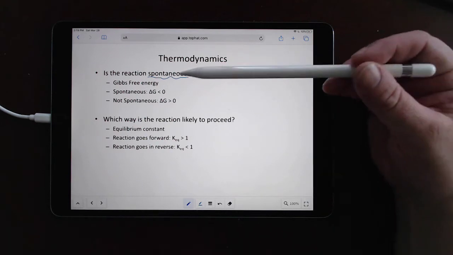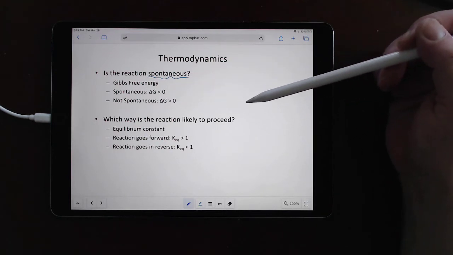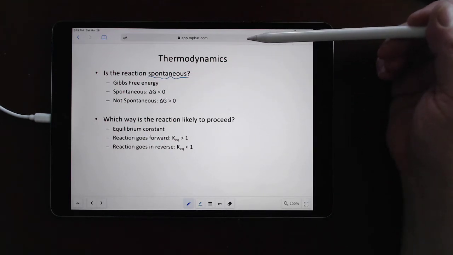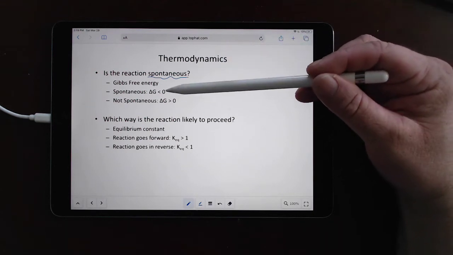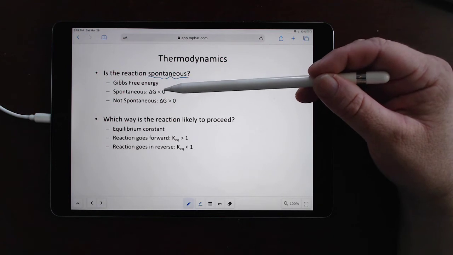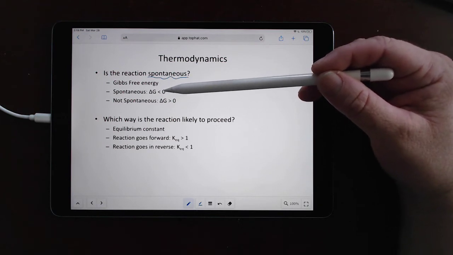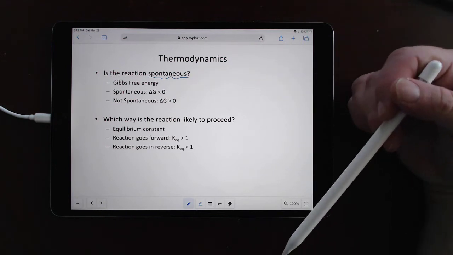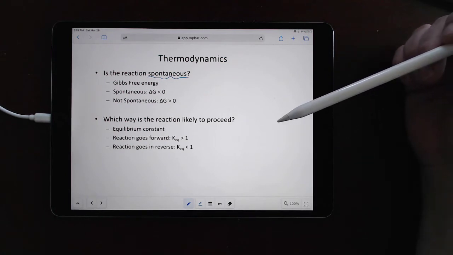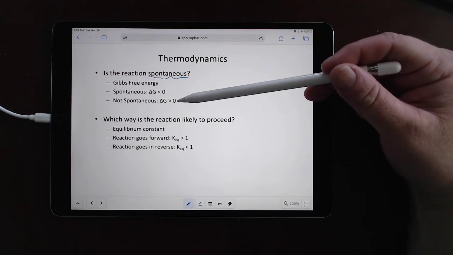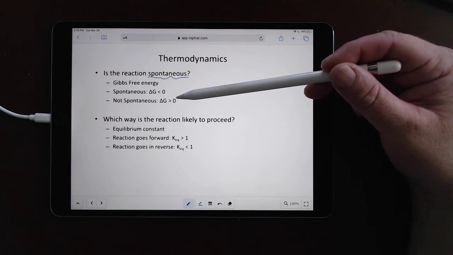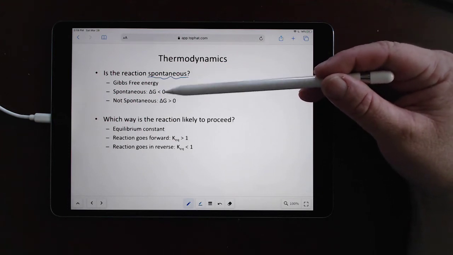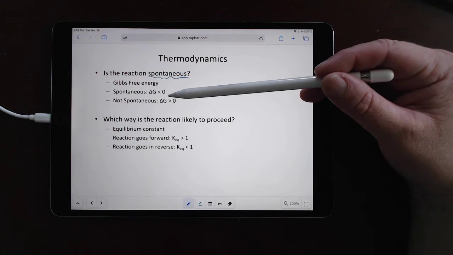If it goes up, so it gains free energy, that's not going to happen spontaneously. The way I always think about it is your checking account balance. It just spontaneously goes down, amazingly, all by itself, but it definitely does not spontaneously go up. So that's how I keep track of these.